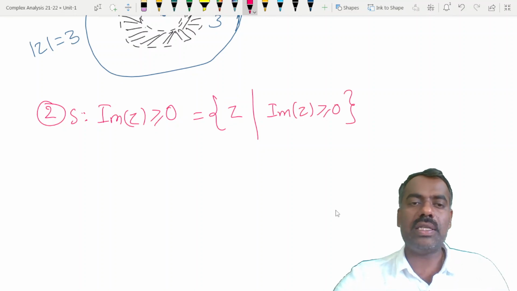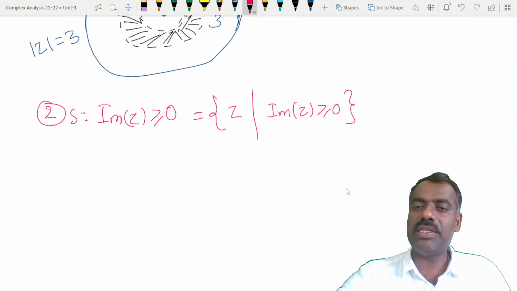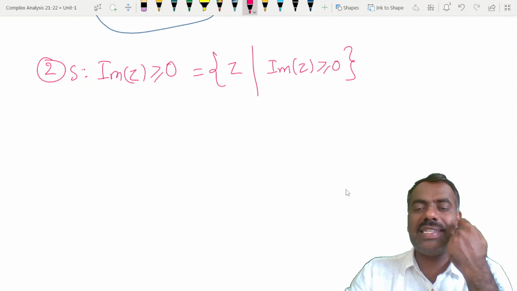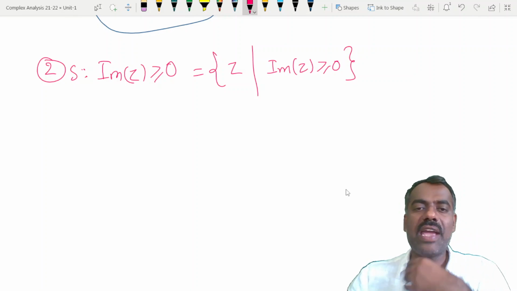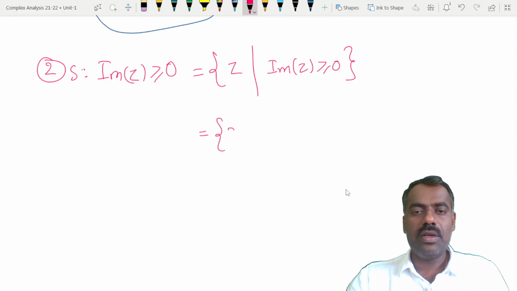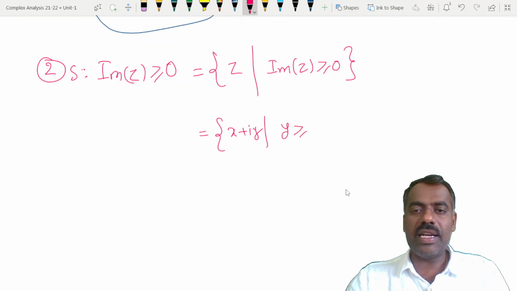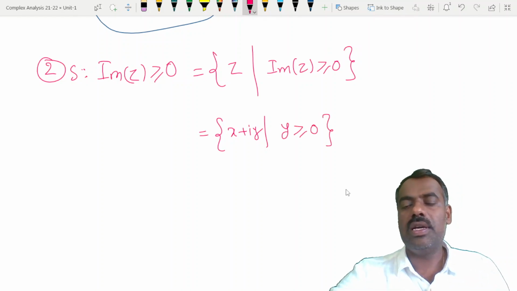Can somebody tell the graph of this set? You can write Z as x plus iy, right? Such that the imaginary part of Z is y. y is greater than or equal to 0, right?